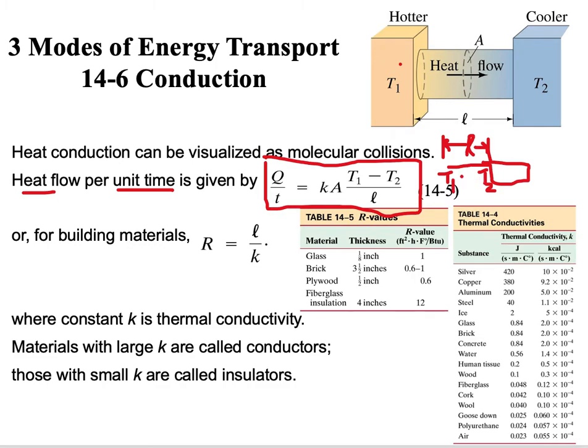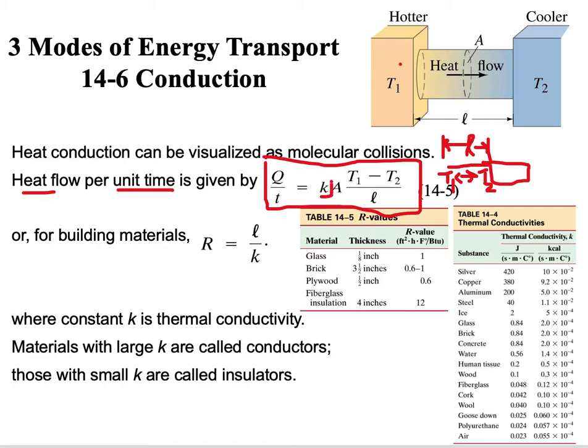So that's my temperature change along the length of that handle. I'm looking for the area of the handle, and I'm looking for K, where K is our thermal conductivity constant.